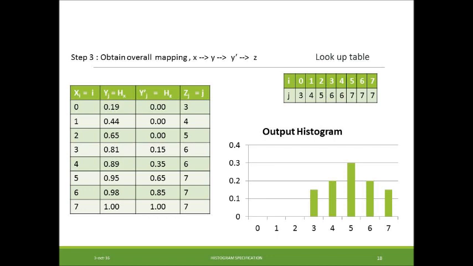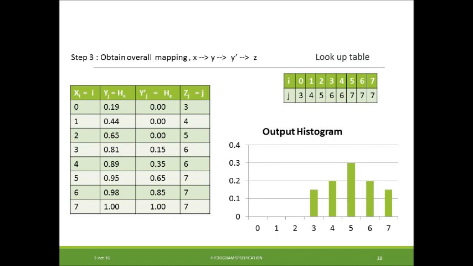We have to take the modulus while taking this difference. Corresponding to each value in Hx, we have to find the value in Hz which is most closely located to Hx. So for 0.44, we take the value 0.35 instead of 0.65 because it is closer to 0.44.